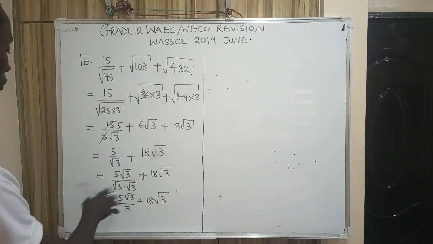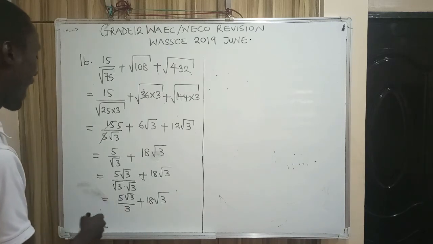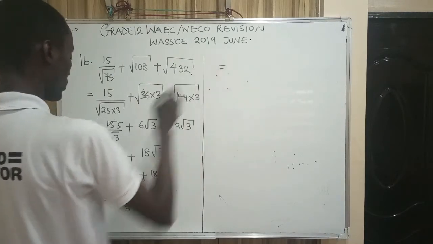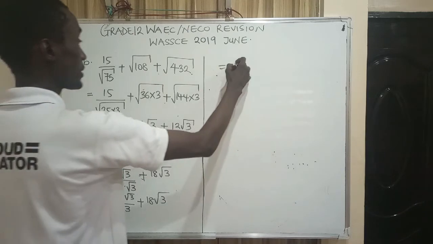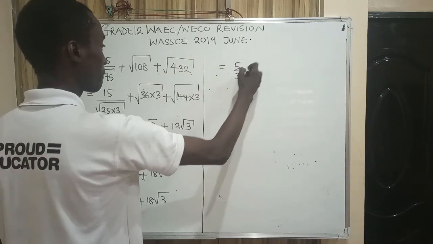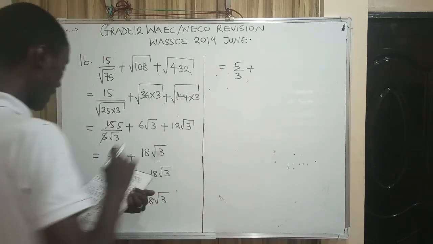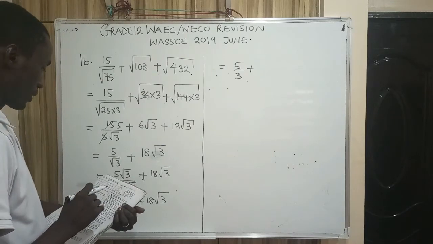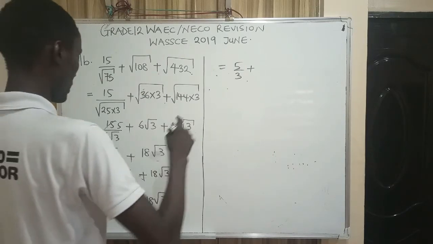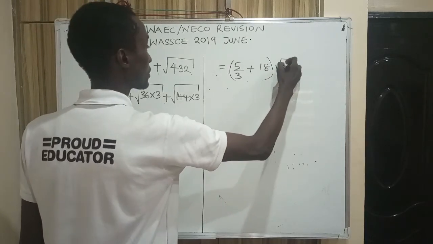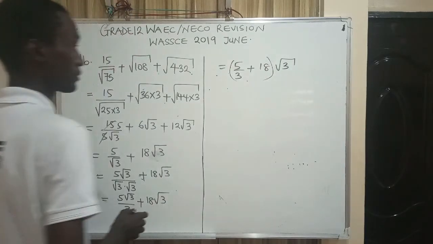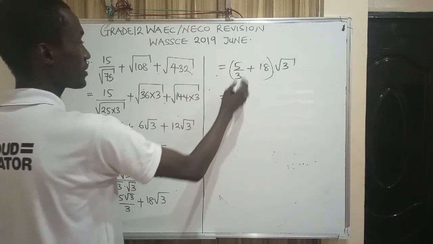So if you look at this, we can actually add this. And we're going to have 5 over 3 plus, let's see how the answer is presented to us. Okay, 5 over root 3 plus 18 root 3. So I can simplify this to one number.